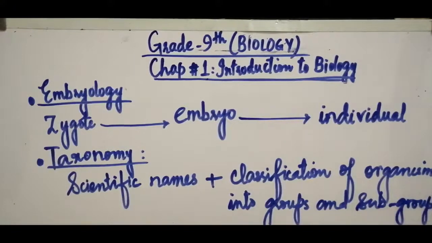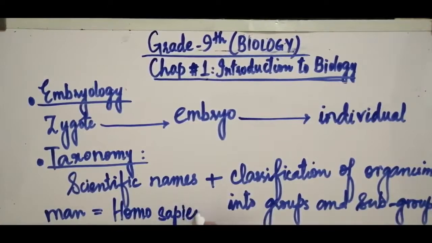For example, taking the example of the scientific name of man, we have Homo sapiens. In a similar manner, if we categorize the classification of organisms into groups and subgroups, then we have a long list starting from kingdom, phylum, class, order, family, genus, and species.